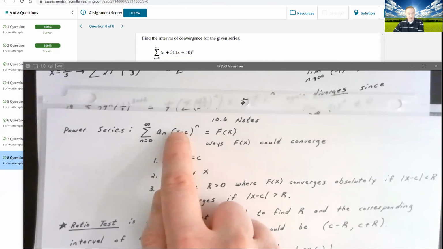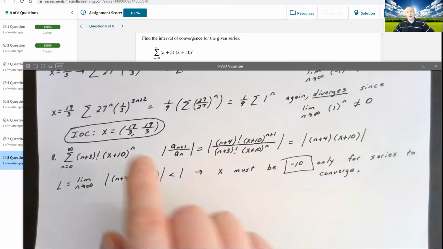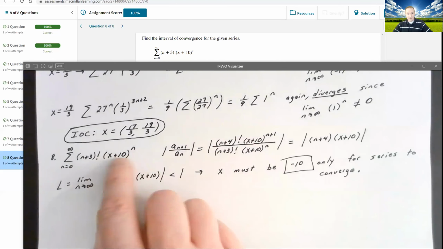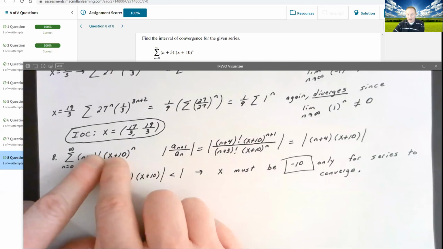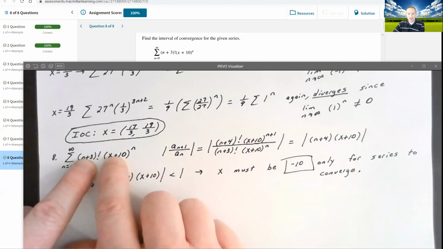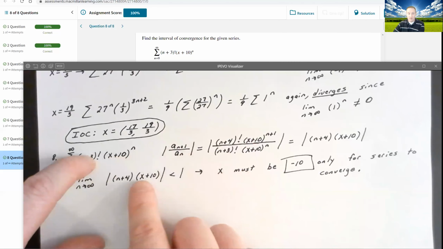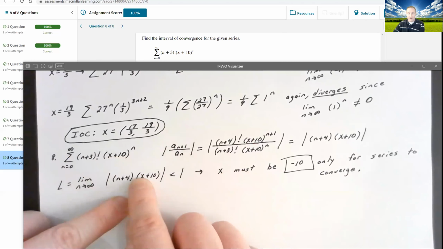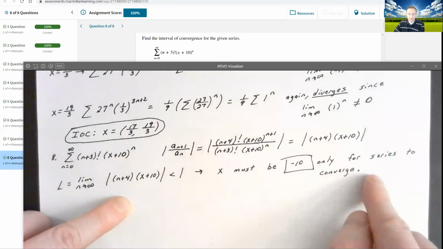The way is if you let x equal whatever the center of convergence is. And you say, well, the center of convergence in this problem would be -10, because if I let x equal -10, you're multiplying every single solitary term by a power of 0. Yep, that's the only way. So you just say, if I allow x to equal -10, that's the only way this series will converge.